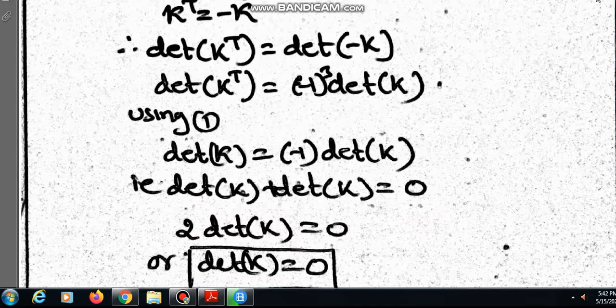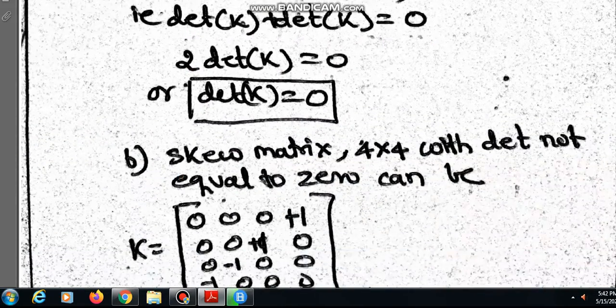So you have deduced from this expression that the determinant of K is equal to 0.